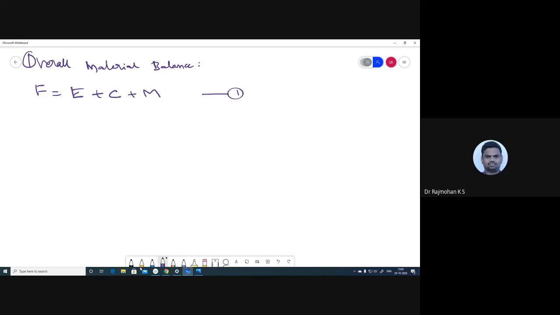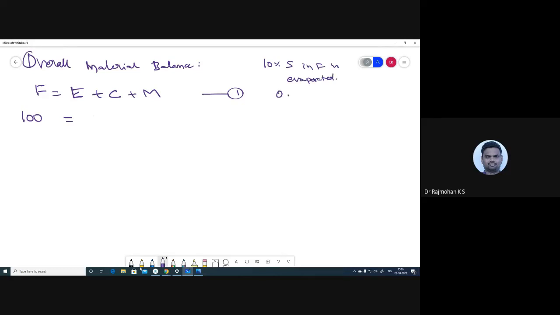Okay, it is given F equal to 100. So 100 is equal to E plus C plus M. E is given. How can we find out E? It is mentioned that 10% of solvent in F is evaporated.